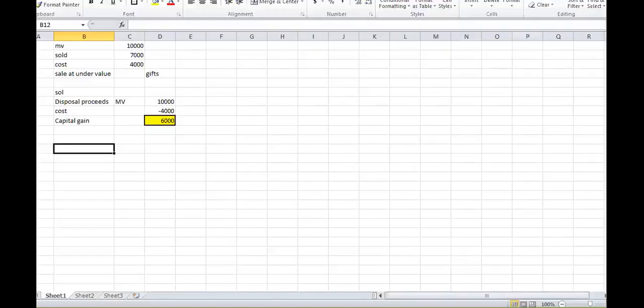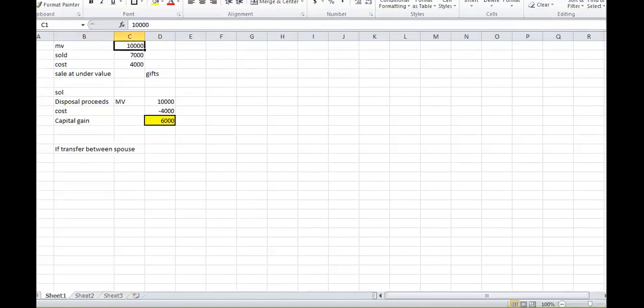So in this example, suppose this would be a transfer between spouses.